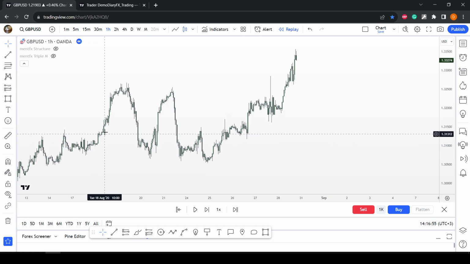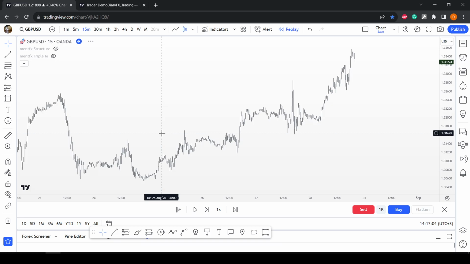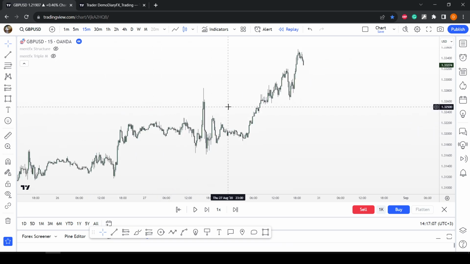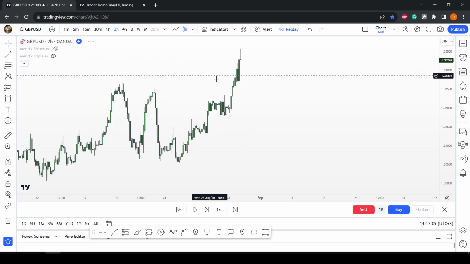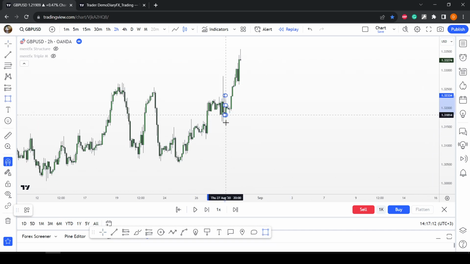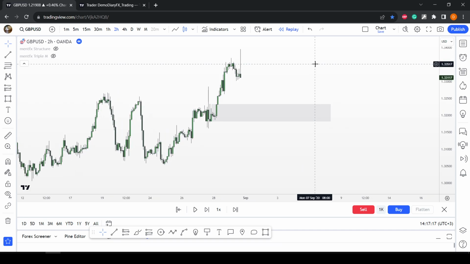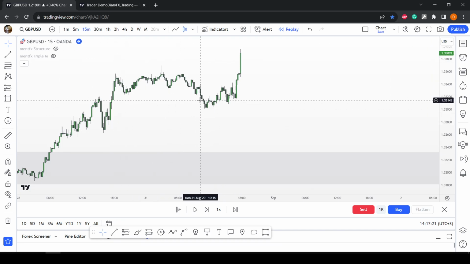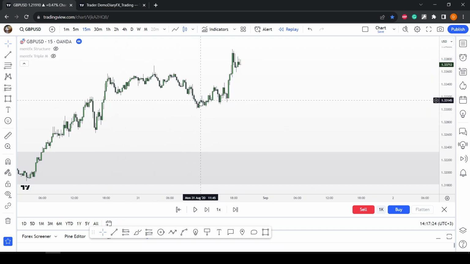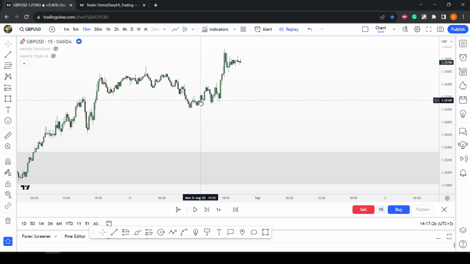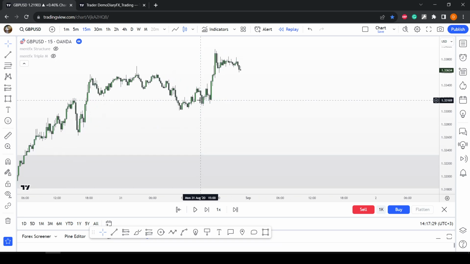So how it went? Impulse, big correction, impulse, big correction. Now build up. I mean, it's really wicky. I want to see some pullback at least to here. But it doesn't want to go there.